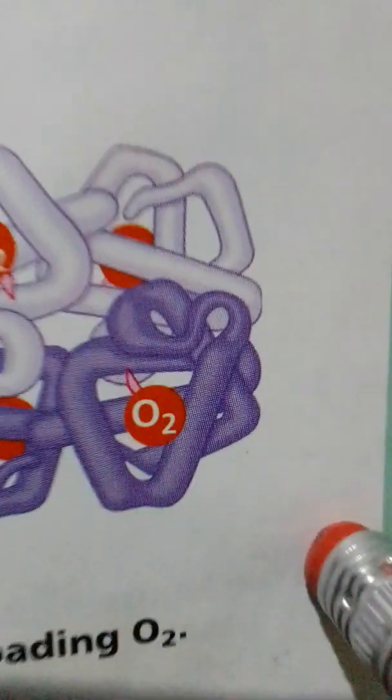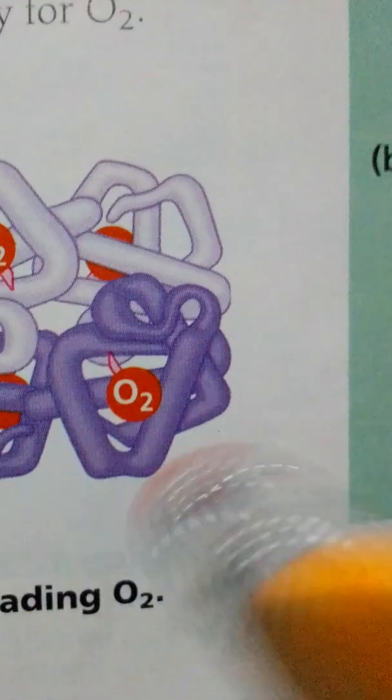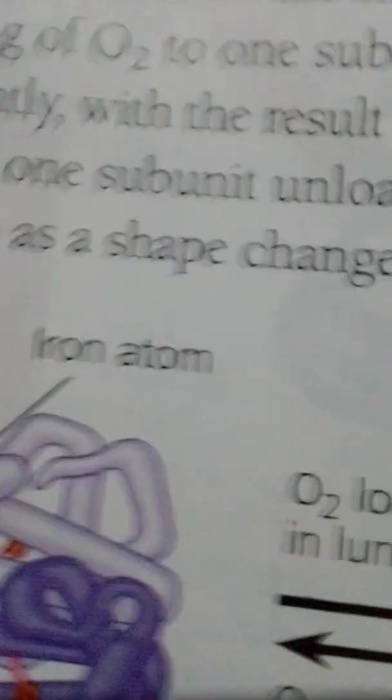Binding of O2 to one subunit induces the others to change shape slightly, with the result that their affinity for O2 increases, and when one subunit unloads its O2, the other 3 quickly unload too, as a shape change lowers their affinity for O2.